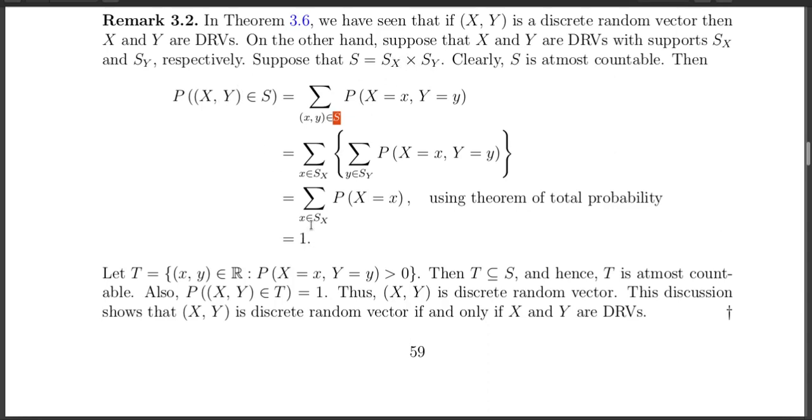Now consider the set T. What is the set T? T is the collection of those points for which the probability that X equals x, Y equals y is strictly greater than 0. Clearly, T is a subset of S. Why? Because a point in T cannot be outside S: the probability in S is 1, so the probability outside S is 0.